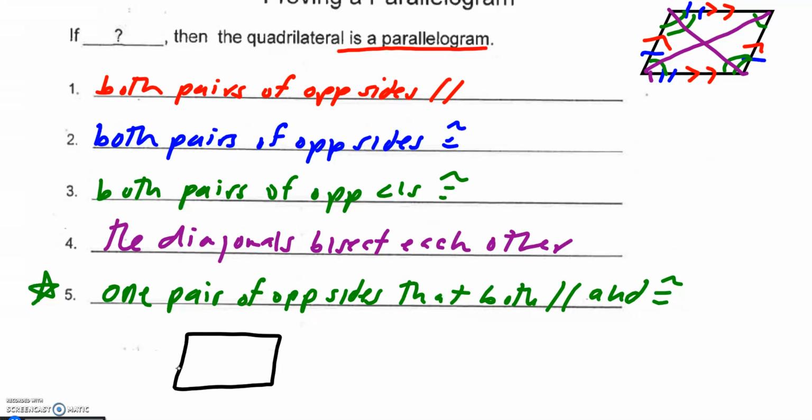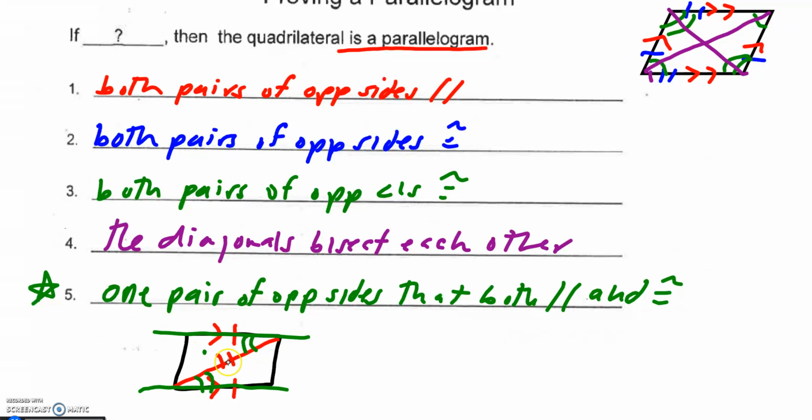If you draw a parallelogram down here, this is not the best one ever, but if one pair of opposite sides are parallel and that same pair are also congruent, what we could do to prove this is if I drew a diagonal in, and that diagonal is congruent to itself, if these two lines are parallel, and this is a transversal, this angle and this angle would have to be congruent because of alternate interior.